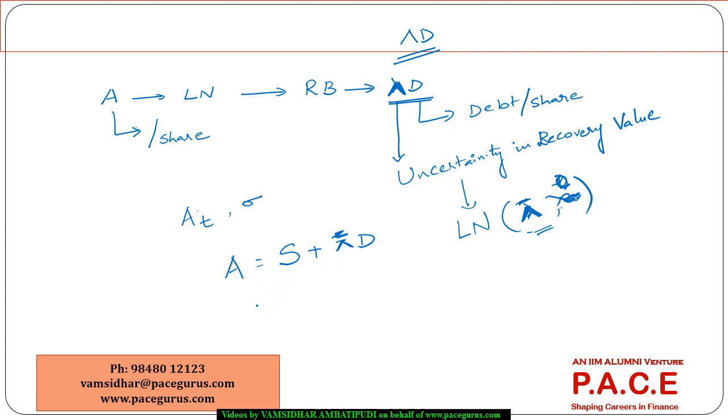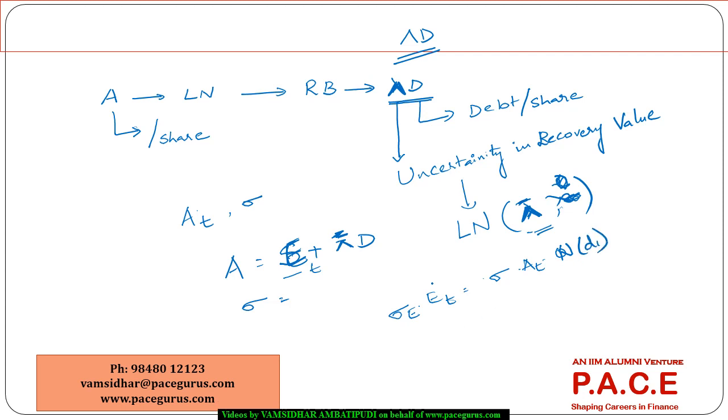Now the same way, if I am looking at the volatility of the asset, I am going with the equity volatility. The equity here, let me call it as E, ET. So earlier in the Merton model we had sigma E times ET is equal to sigma times AT times N(d1).